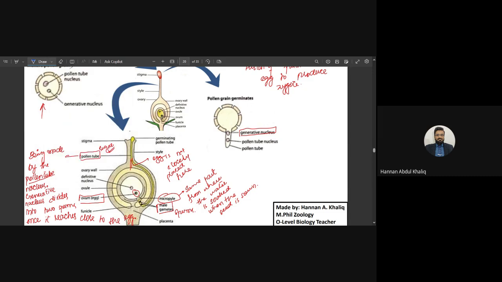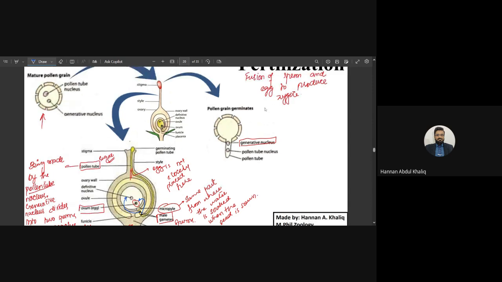Now you have to focus on one more thing. Once the sperms are made, one sperm would fertilize the egg and the other sperm would fertilize the definitive nucleus. As I have said, the sperm plus egg would make the zygote.